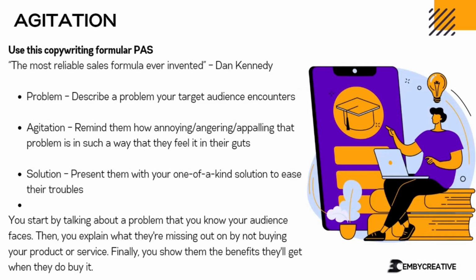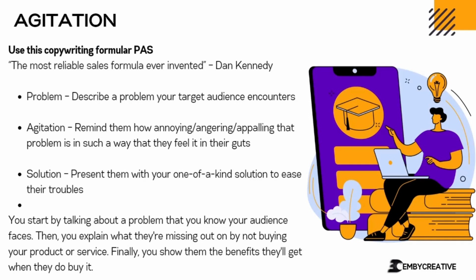agitation. You see, Dan Kennedy invented a reliable sales formula called PAS, which stands for problem, agitation, and then solution. He said that you must first of all identify the problem of your target audience. Once you've been able to identify the problem, now tell them what they stand to miss.